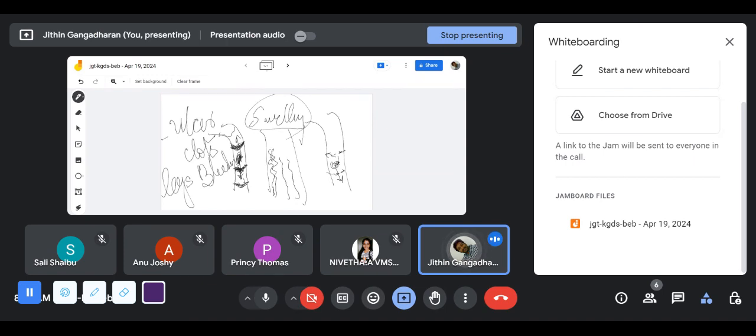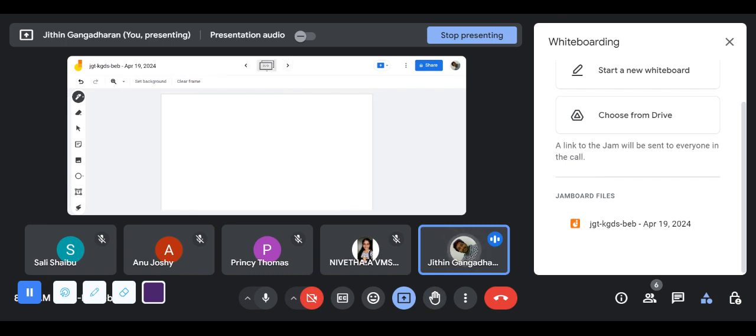In the surgery, which are the surgeries that we will do? First surgery is sclerotherapy.